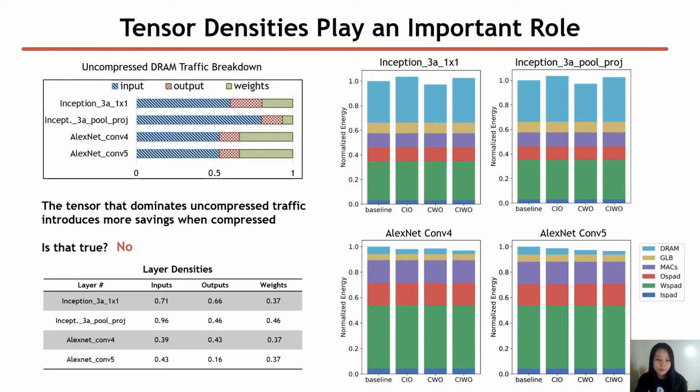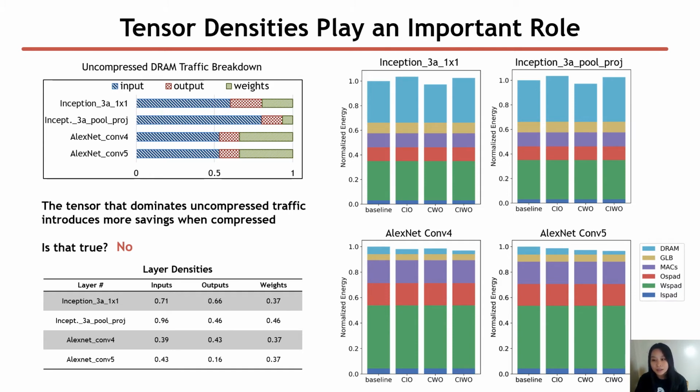For example, for the inception 3A pool projection layer, the density of inputs is especially high, which is 0.96. So no matter what you do in terms of compressed data representation, all you can compress is at most 4% of your input tensor. And because of the high density, the metadata overhead is extremely high.